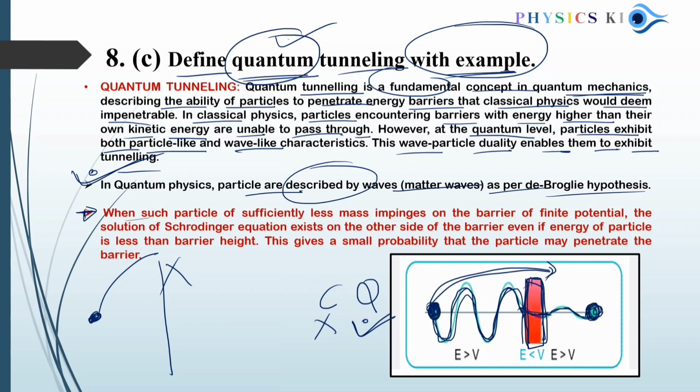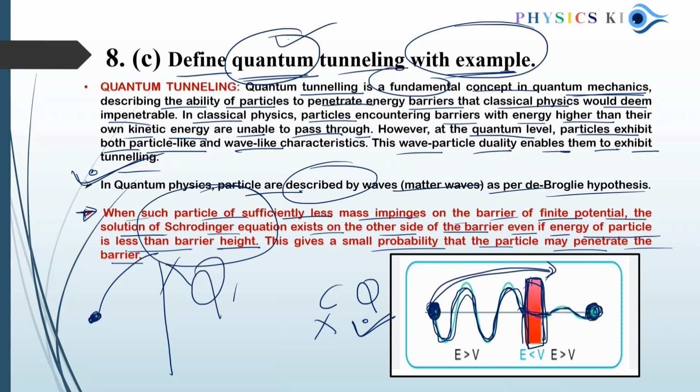When a particle of sufficiently small mass meets a barrier of finite potential, the solution of the Schrodinger equation exists on the other side of the barrier if the energy of the particle is less than the barrier height. In this phenomenon there is a small probability that the particle may be present outside the barrier, on the other side of the barrier.